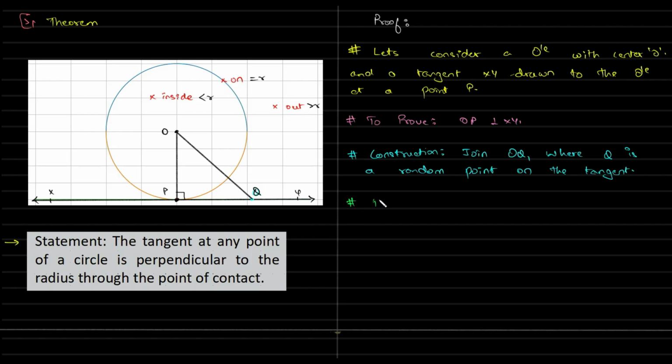Next is the proof. As point Q is outside the circle, right? OQ has to be greater than OP.